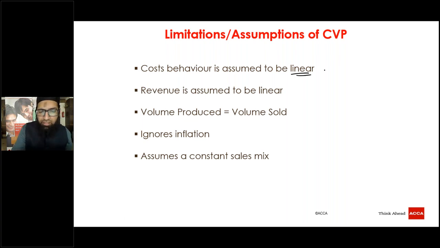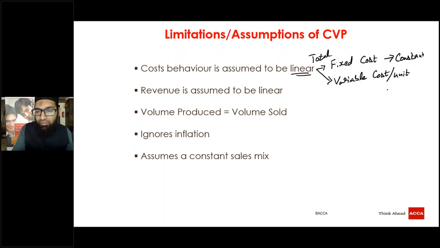Linear means straight line, and that will mean that your total fixed cost is constant and your variable cost per unit is constant. This is an assumption.